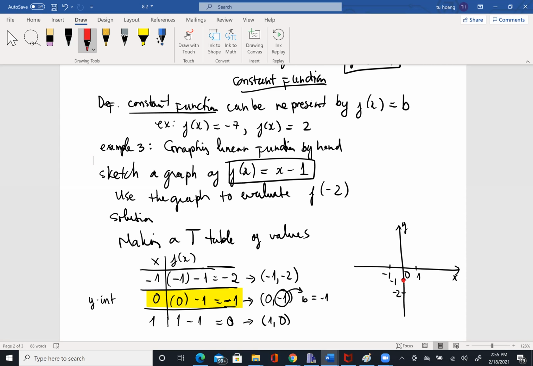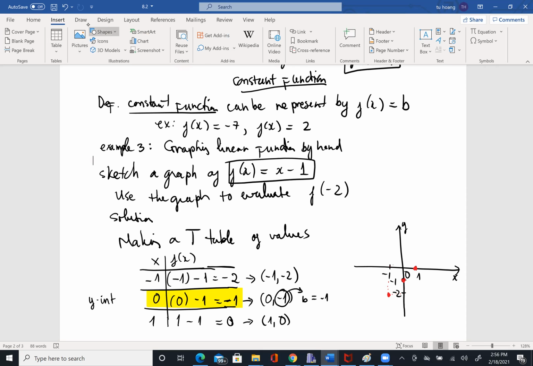I have -1 and -2, so -1 goes here and down here, so I have another point. And then 1, 0, which is the x-intercept. Now you can just draw the line through these 3 points.